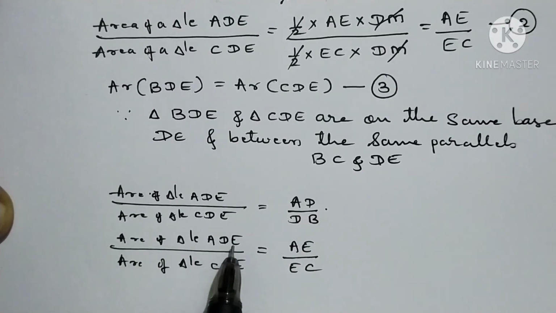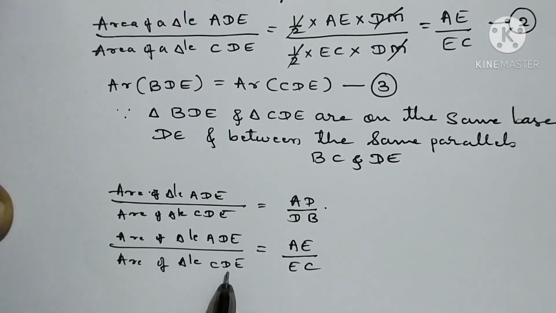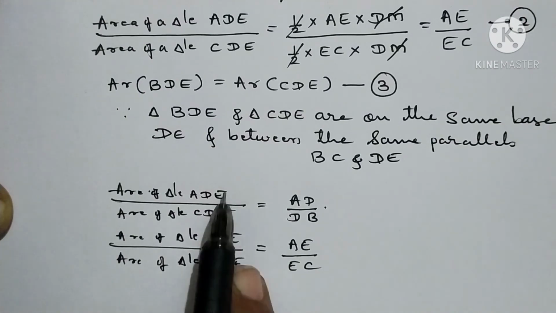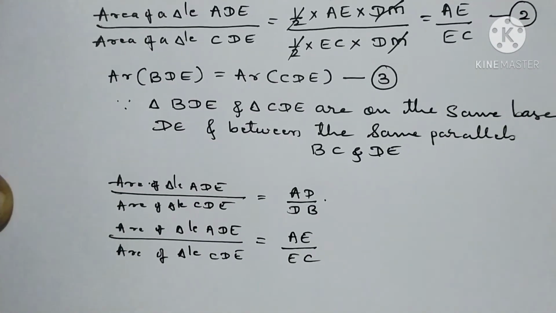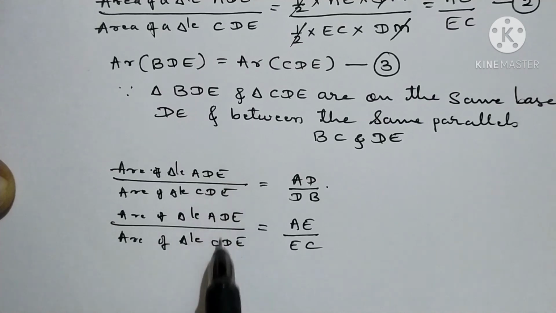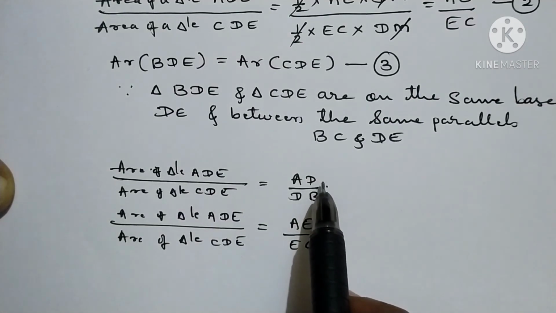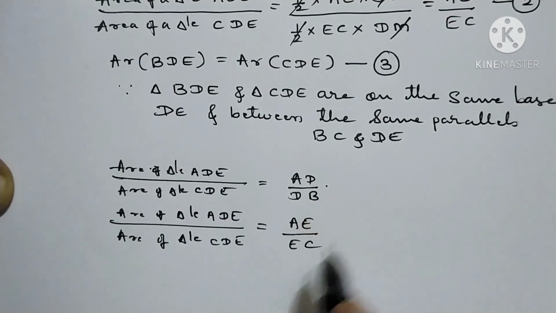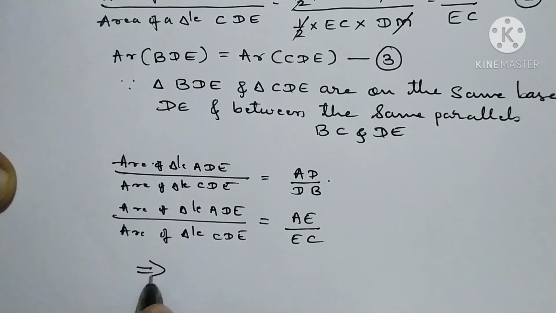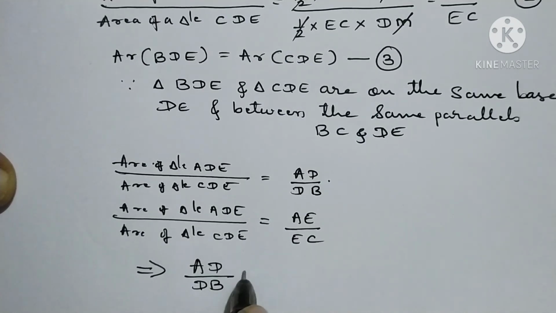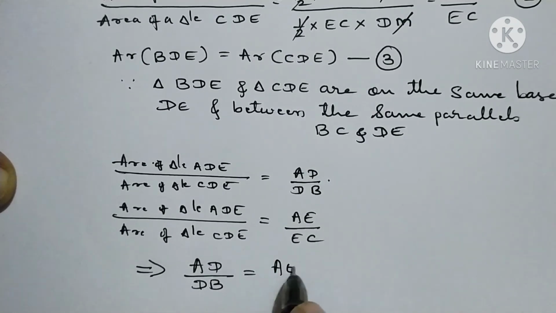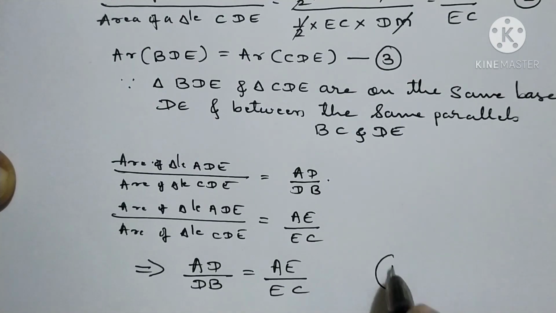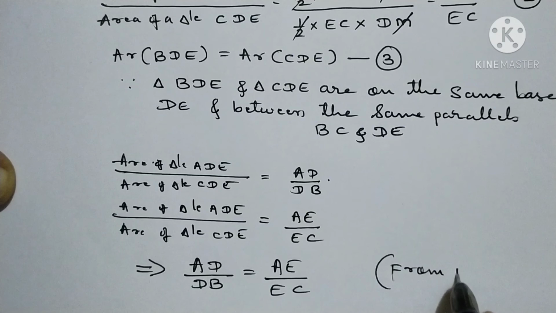Here area of triangle ADE divided by area of triangle CDE. Now LHS side is equal here. So that means we can write it as LHS side equal means RHS also equal. So this implies AD divided by DB is equal to AE divided by EC. Okay, this is from 1, 2 and 3.